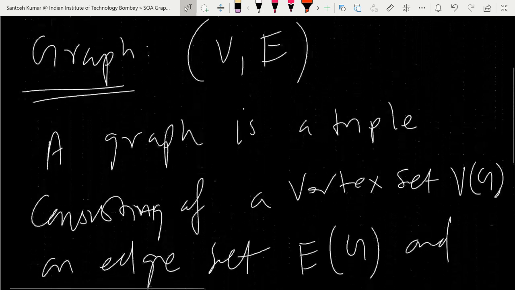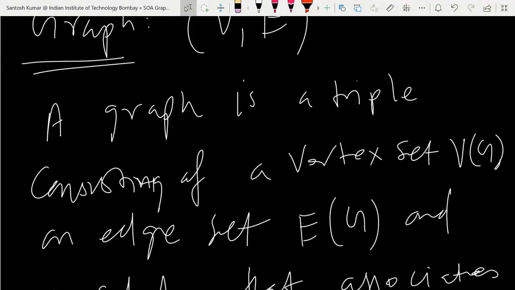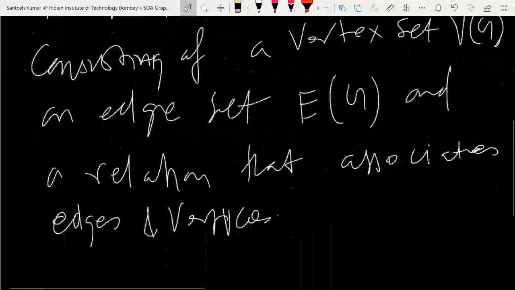So this is the definition in the book, but you also told the correct definition.